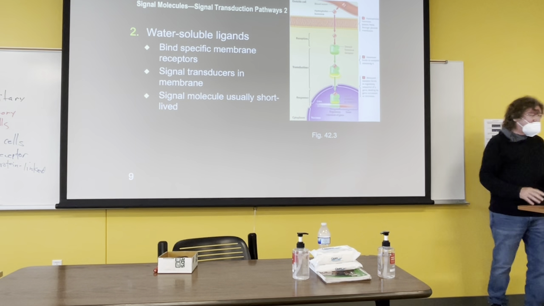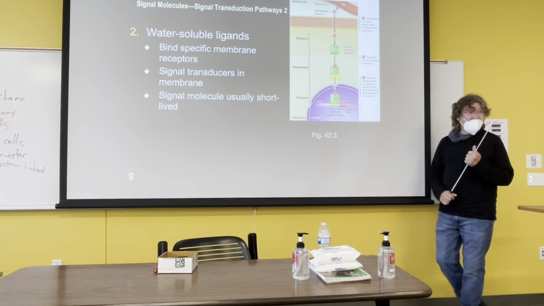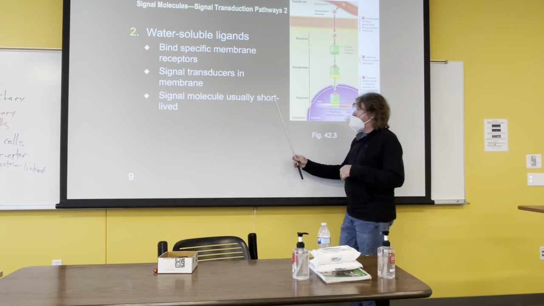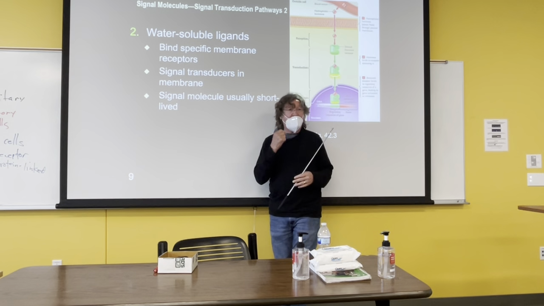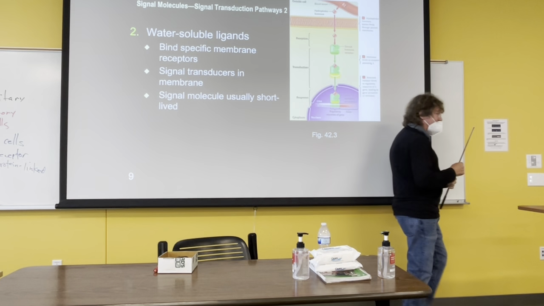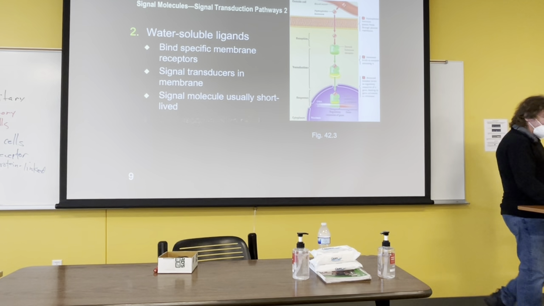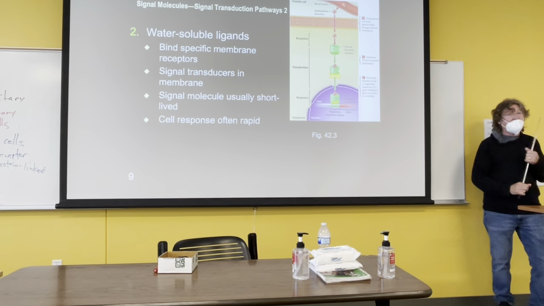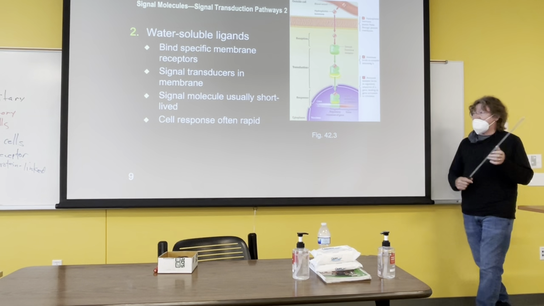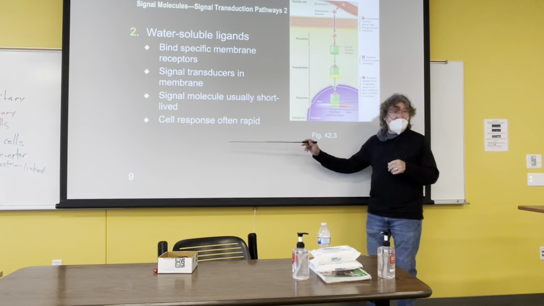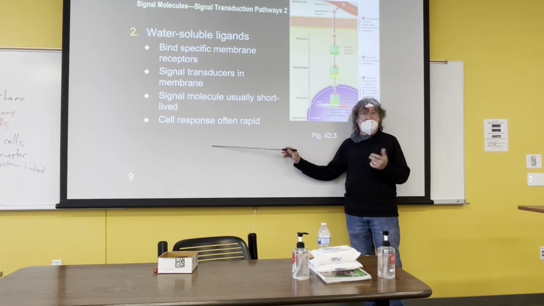And here, the signal is usually very short-lived. Okay, there's things that will break the hormone down real quickly. Okay, so it's short-lived, and furthermore, the cell response is very rapid. So here we're talking about seconds to minutes instead of minutes to hours.